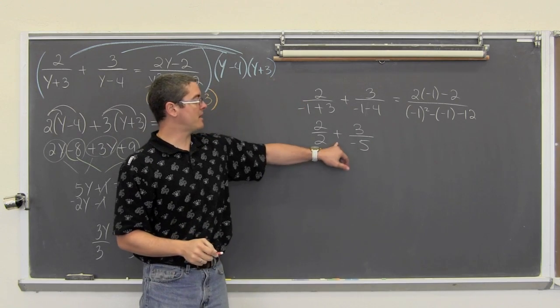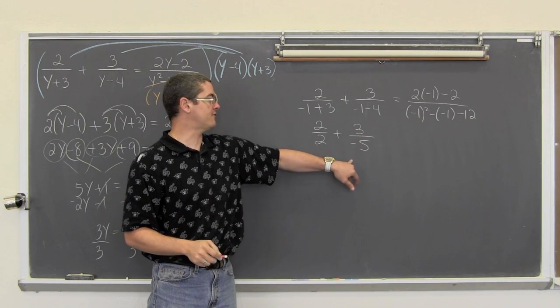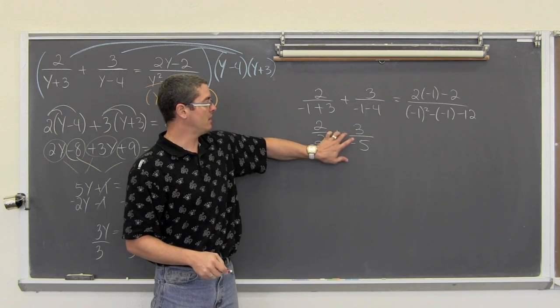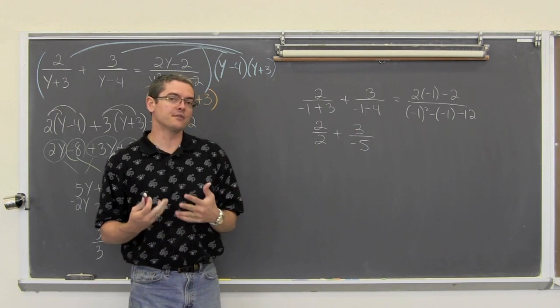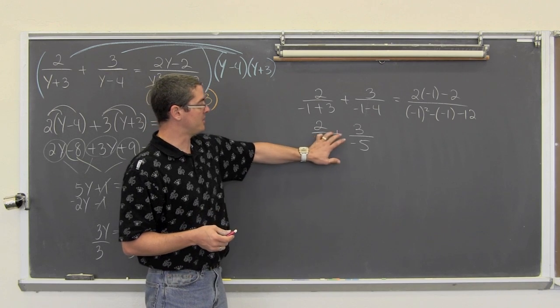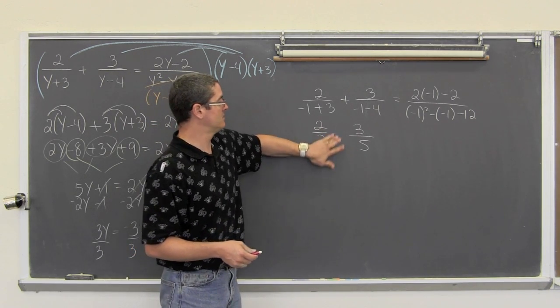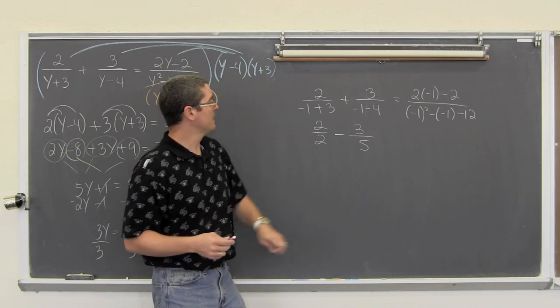Now, I'm adding by 3 over -5, or I'm adding by a -3/5. It doesn't matter if the negative is here, or in the middle. It's still a -3/5 fraction. So instead of writing plus negative, I'm going to bring that negative out front. Just say it's minus.